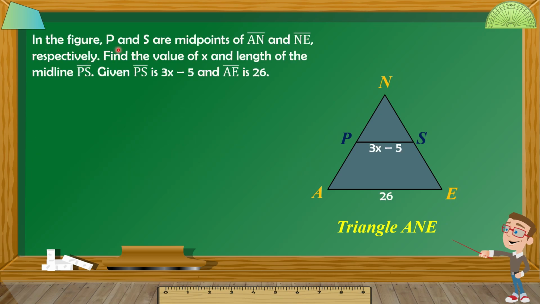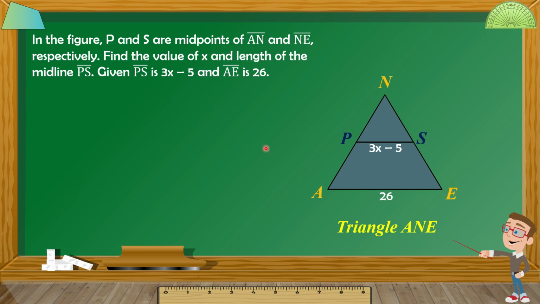So in the figure, P and S are midpoints of AN and NE respectively. Find the value of x and length of the midline PS. Given PS is 3x minus 5 and AE is 26. So given yung midline natin na 3x minus 5 and yung third side natin na AE is 26. So paano natin i-construct yung equation dito?